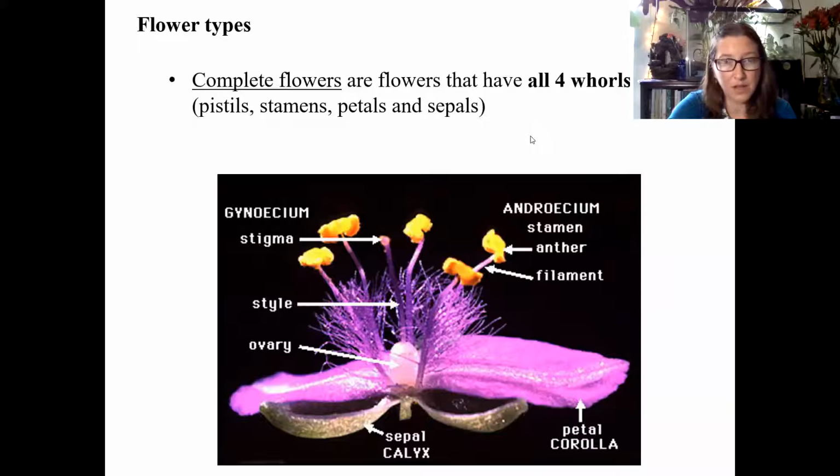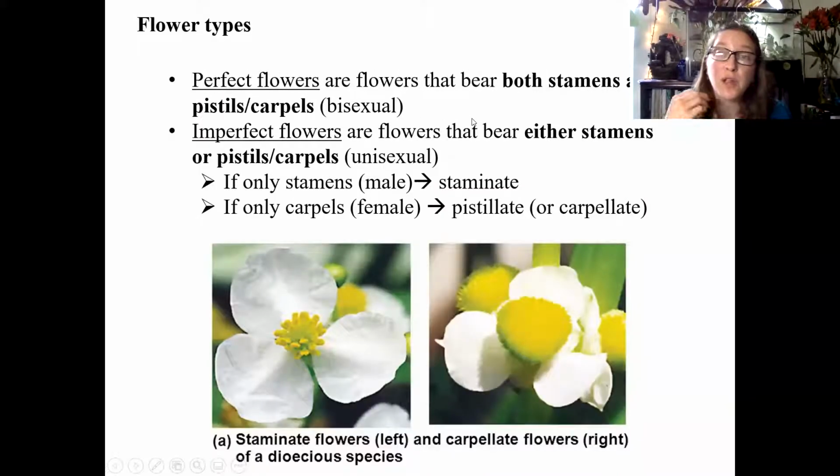And if you think about it, by default, if you're a complete flower, it means you have all 4 whorls. So every complete flower is going to be perfect because they have to have both sex structures in order to have all 4 whorls. If you're imperfect, it means you're missing either the stamens or the pistil/carpels.